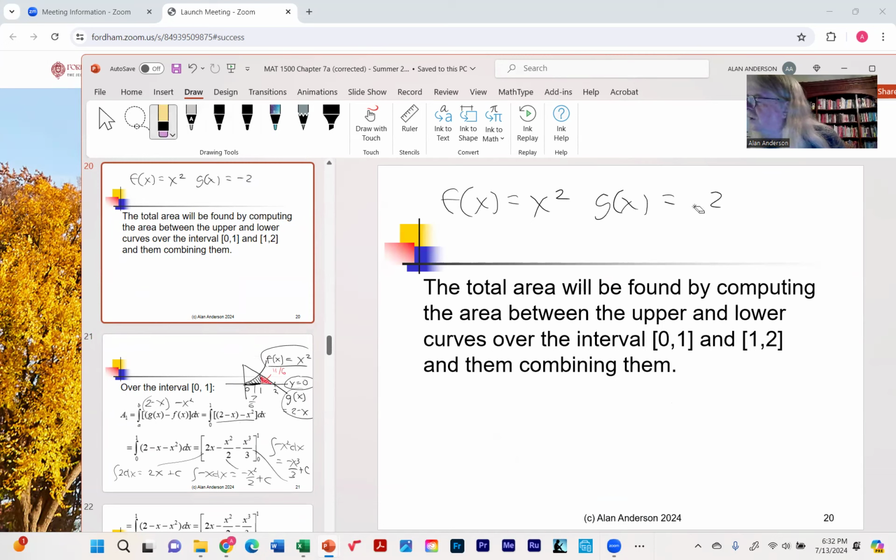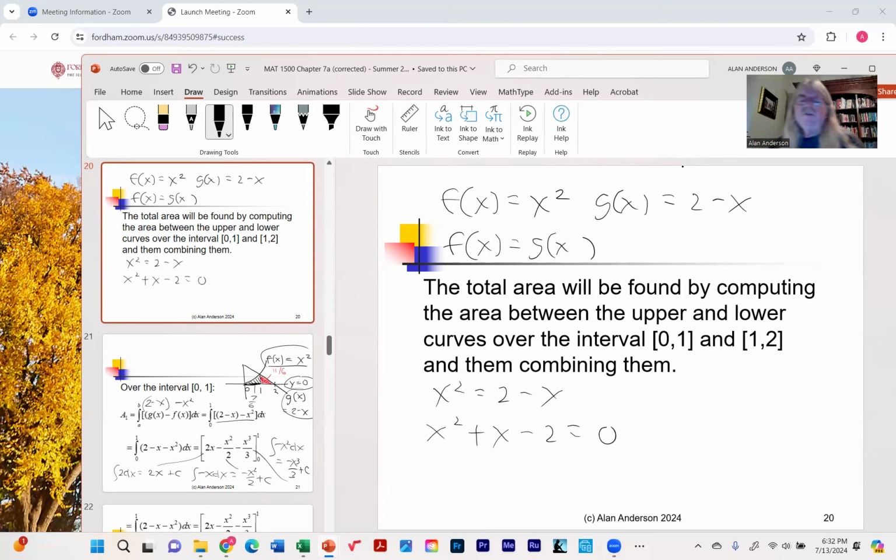So how do you know where they cross? All right, well, you set them equal to each other. So you've got x squared equals 2 minus x, x squared plus x minus 2 equals 0. So this one can be solved with a quadratic equation, or else you can factor it.